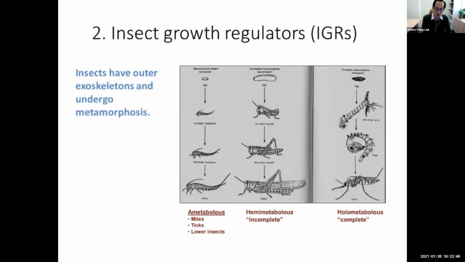This is more pronounced, especially in insects that undergo complete metamorphosis, such as mosquitoes. At the larval stage they have a higher level of juvenile hormone, but once they move on to pupae, the level gradually drops. And from pupae to adult, the level of juvenile hormone drops even more.